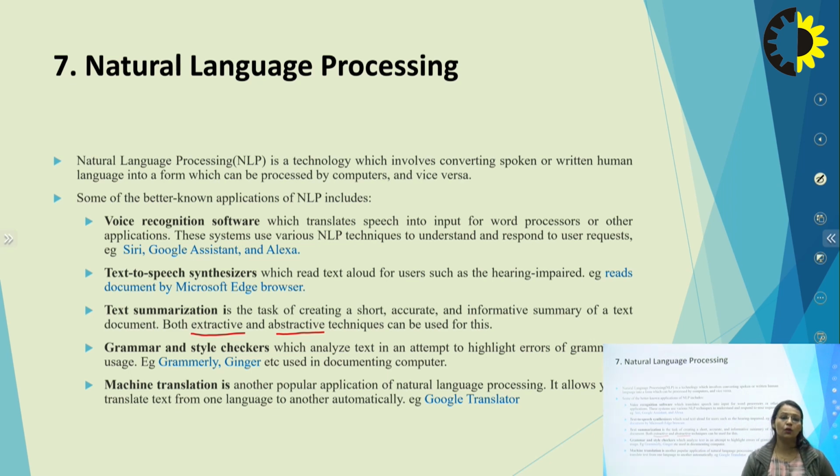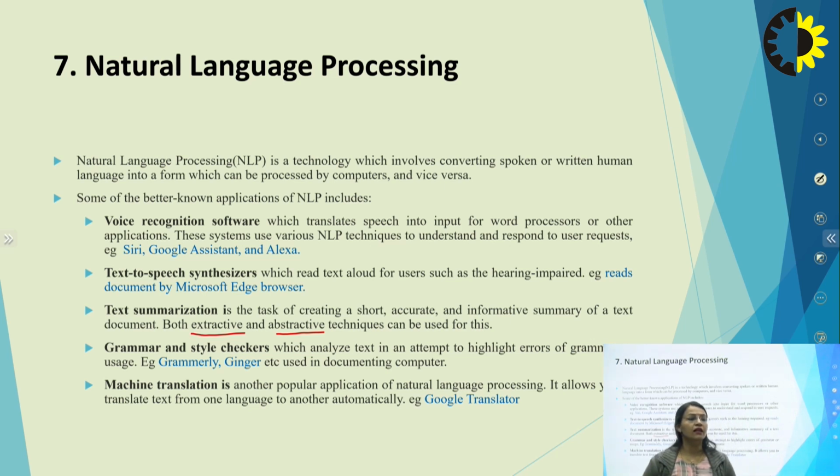Extractive technique is one in which I extract the critical information from the original text and include it in the summary of that paragraph. And abstractive, in which I can introduce some new sentences to the particular information that I have already derived. These are both techniques used in text summarization. So there are also various tools related to this.